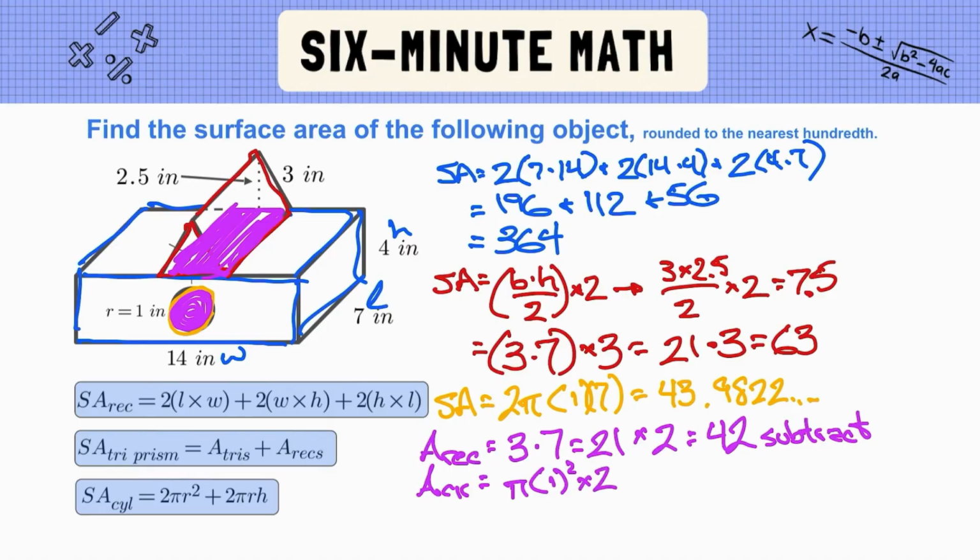And there are two circles, one on the front and one on the back, so I multiply that by 2. This is going to give me another subtraction of 6.28318.